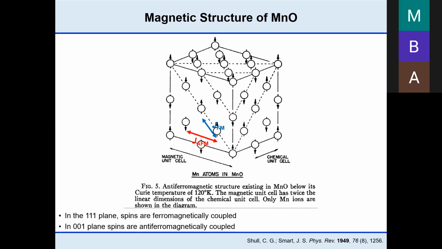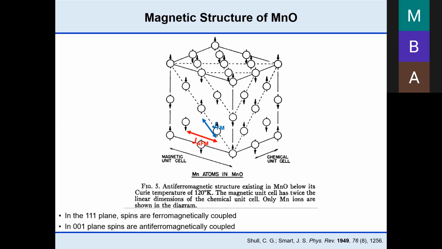And to fully tie this together, when we look at the actual neutron diffraction structure of manganese oxide, we can see that the exchange interactions differ as we look at different planes of the material.